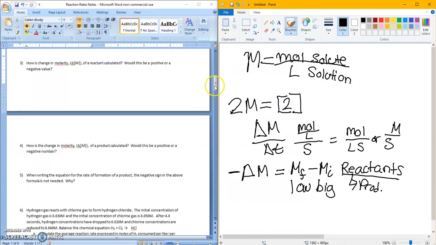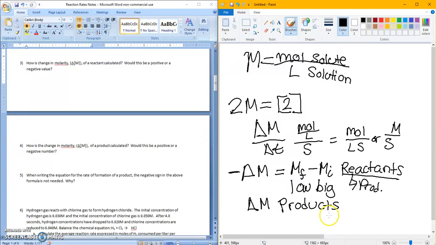Alright, so now in number 4 they're asking the exact same thing, only for products. So we know that change in molarity is molarity final minus initial. So I'm just going to write out change in molarity for products. However, when you're doing products, you start off with none, right?